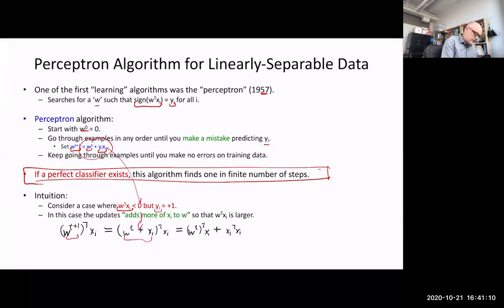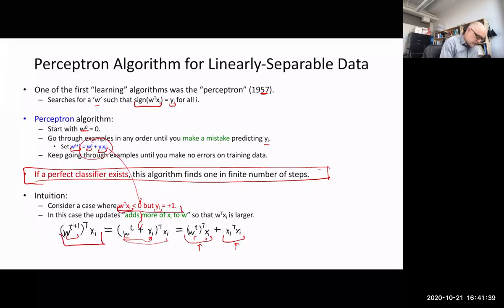So y i is 1, so we're going to add a bit of x i to w at time step t, right? And if you work this out, this is the weight at the previous time step dotted with x i, plus some positive number. So by updating in this particular way, in this circumstance, you're adding a positive amount.